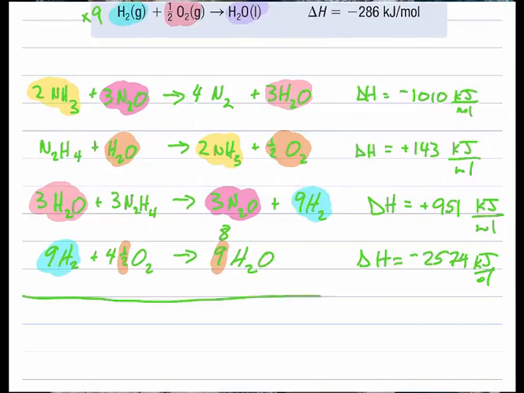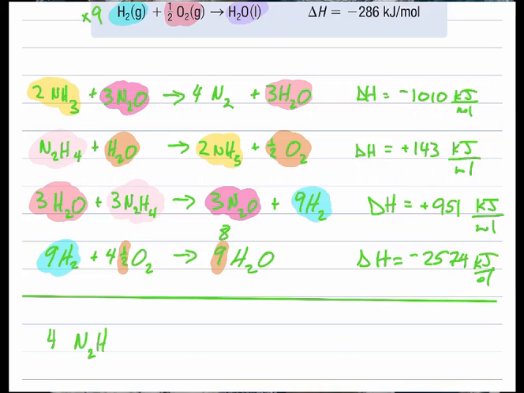It doesn't look like anything else is going to cancel, so let's total up our reaction. Let's use a nice little pink. So we have 1 hydrazine and 3 hydrazines, so that's 4 N2H4s. We have 4 oxygens, there they are right there, and we're going to have 4 N2s and 8 H2Os.